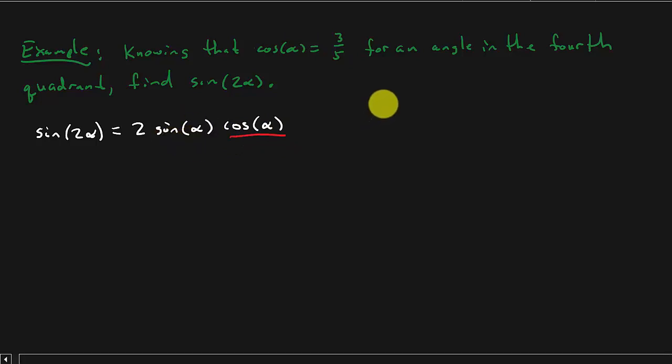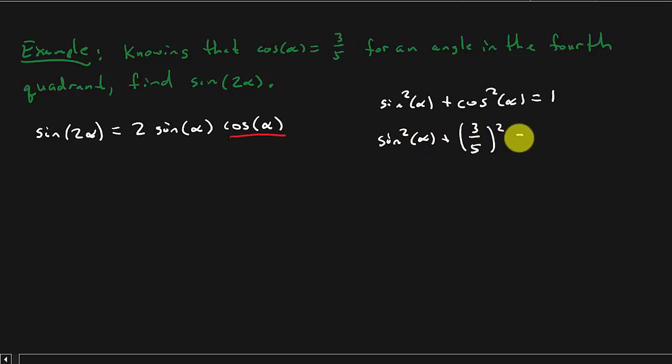So we would come over here to the side, and we know sine squared alpha plus cosine squared alpha is equal to 1. And so that's going to give me sine squared alpha plus, now in the place of cosine alpha, I'm going to put 3/5. So that would be 3/5 squared equals 1. So sine squared alpha plus 9 over 25 equals 1.